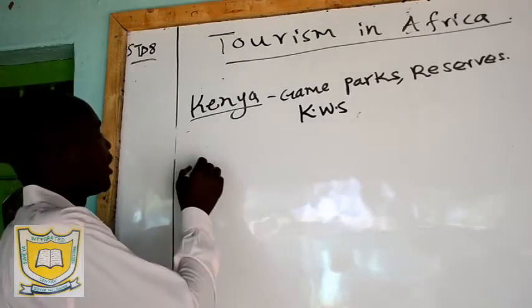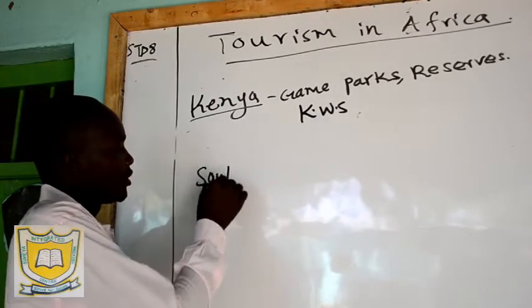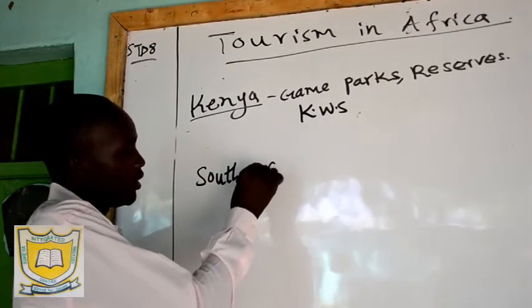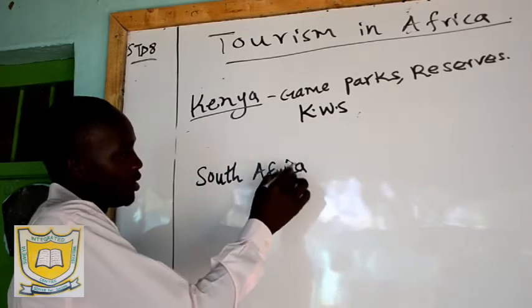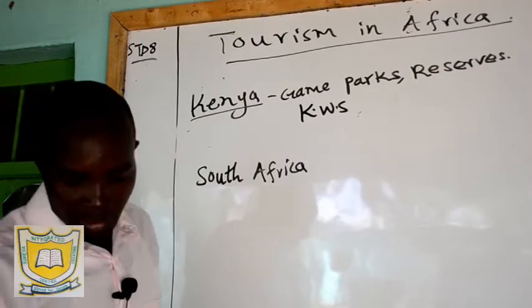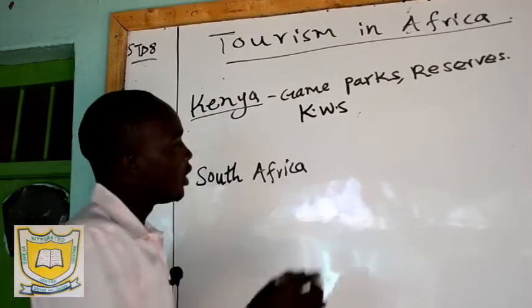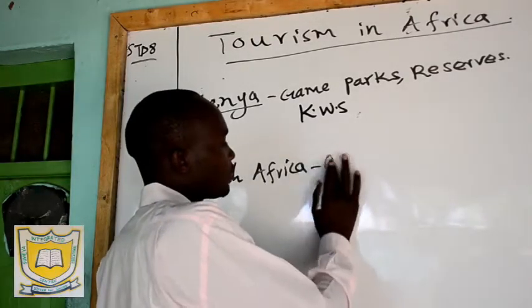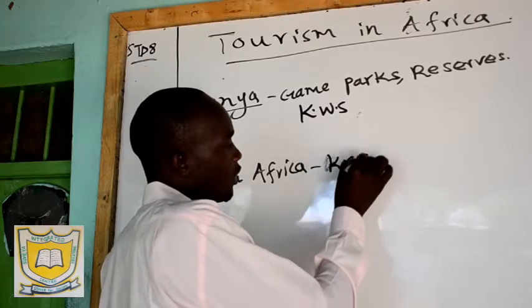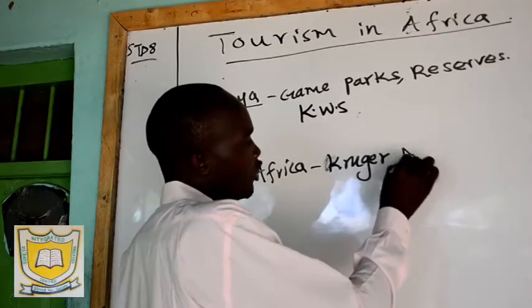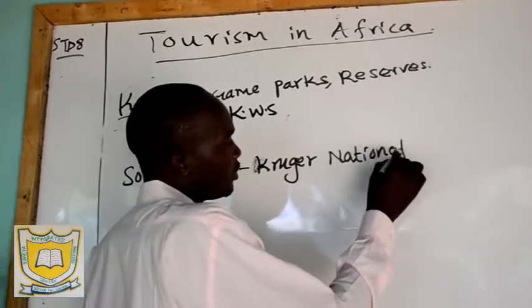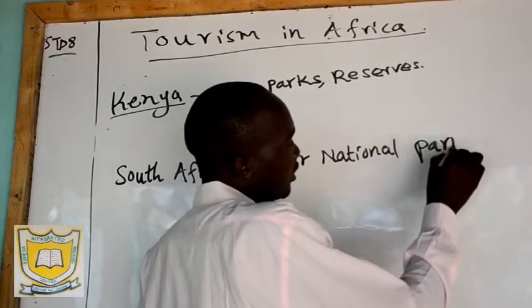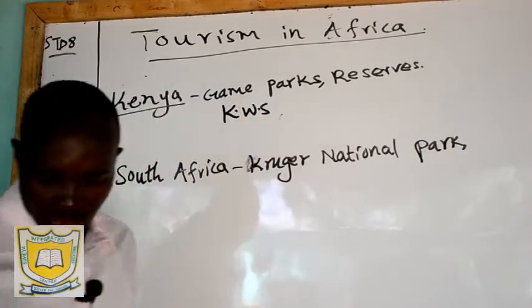Then we have another one, South Africa. We have said we are comparing these countries. In South Africa, we have Kruger National Park.